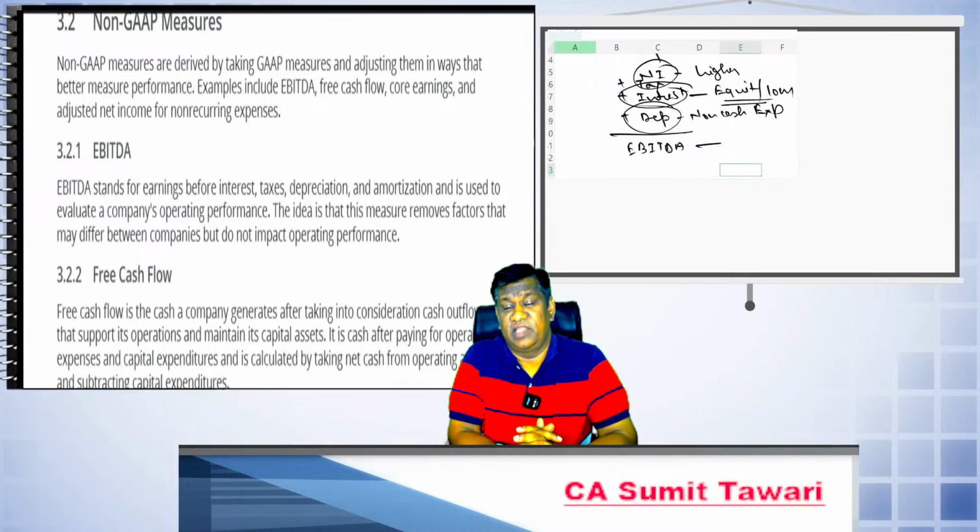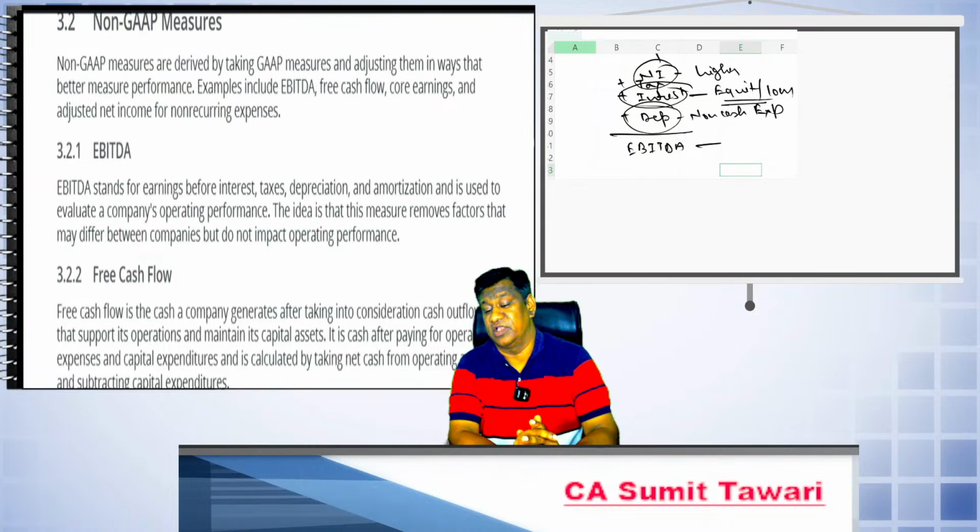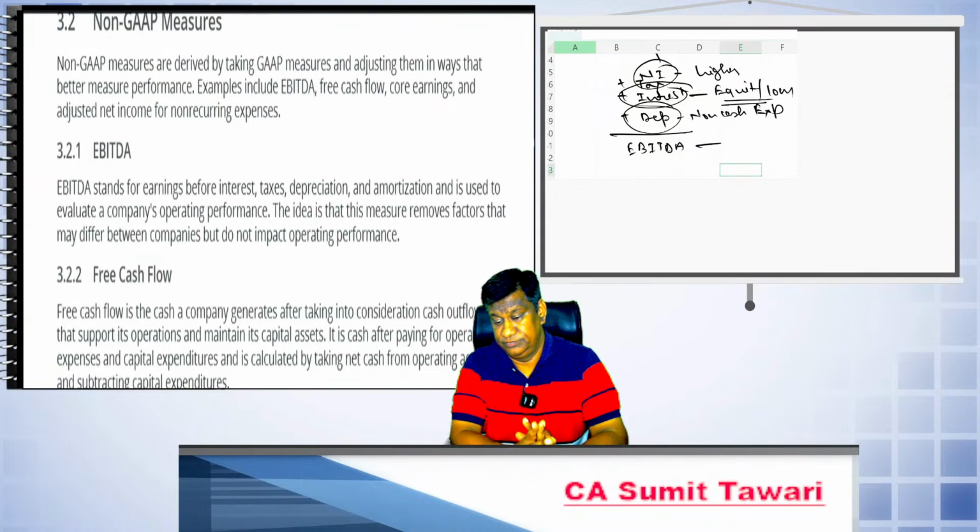No, but at the time of acquiring the asset, we spend the actual money. Even for goodwill we recognize only when we buy it. Self-generated goodwill we are not recognizing. Any other idea? Anyone has any other idea?